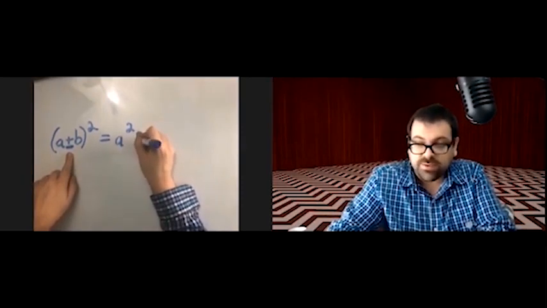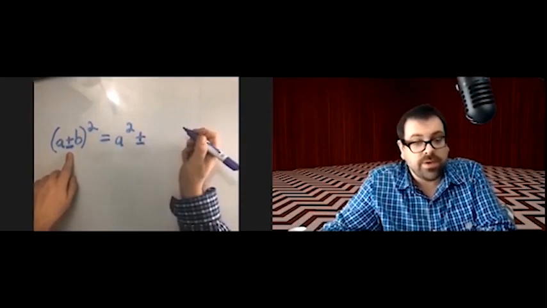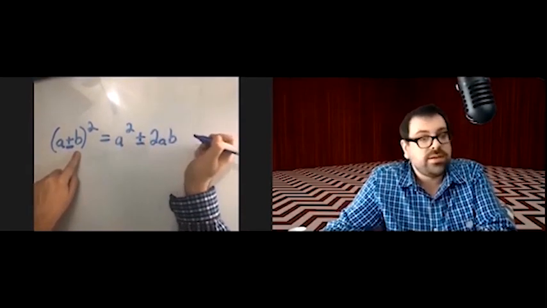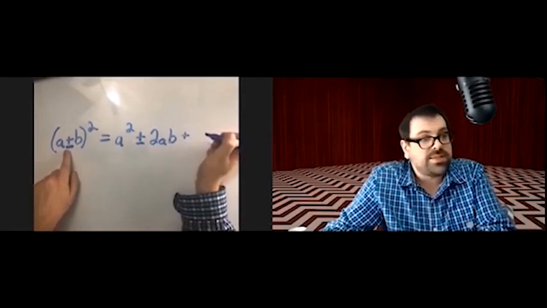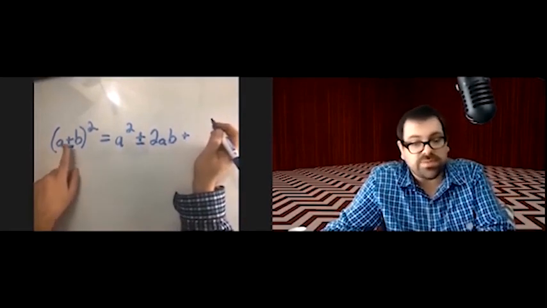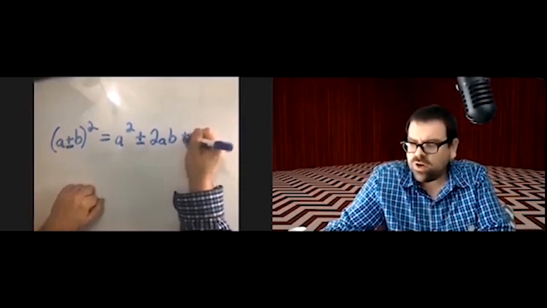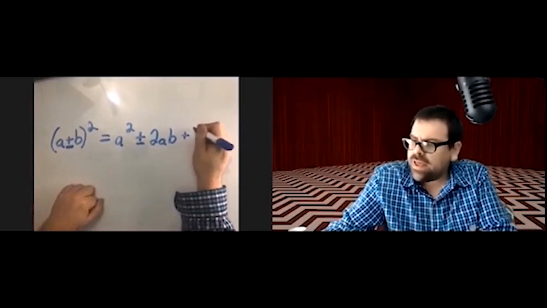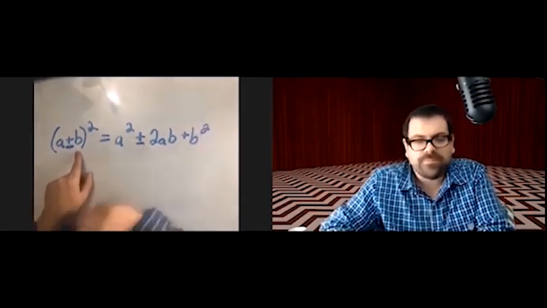Then you would do 2 times the first times the second, and then it's always plus, no matter if it's plus or minus. And then B squared, square the second.